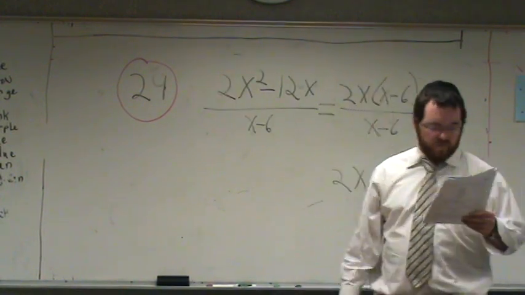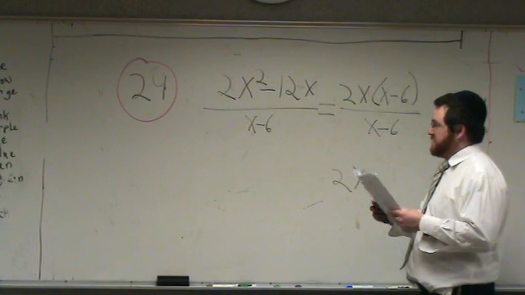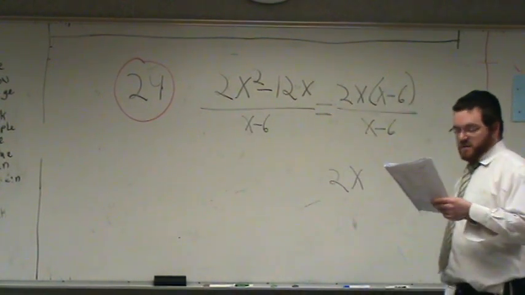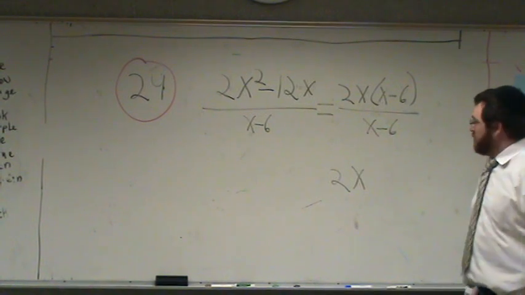Question 24. Which expression represents 2x squared minus 12x over x minus 6 in simplest form?